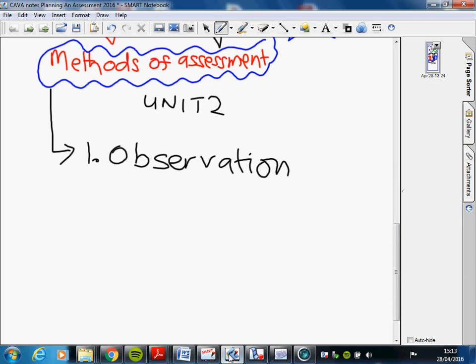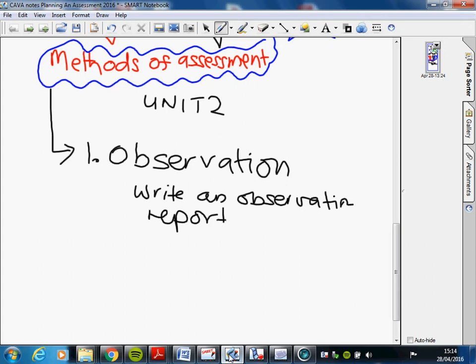What it means is that after you observe, you are going to write an observation report. You're going to write an observation report of what you've seen the candidate do.